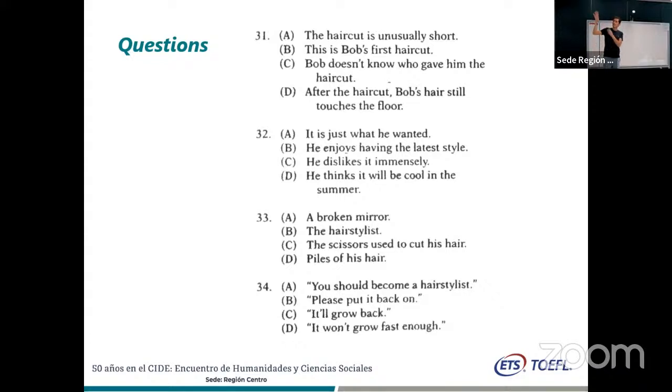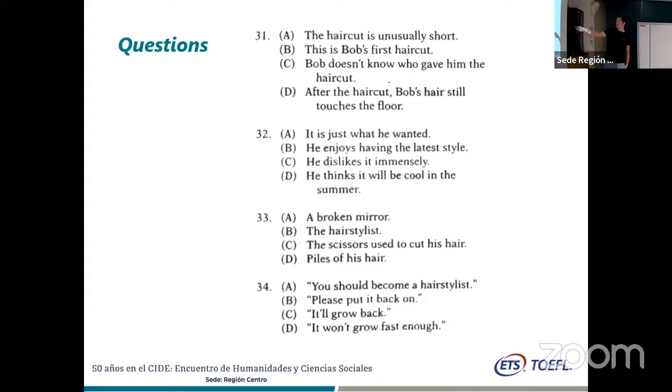And every question, by reading the question, for example, today we're not going to listen to this, but by reading the questions, you have an idea of what they are talking about. Okay? For example, here we have a haircut. And we have a name, Bob. So they're going to talk about Bob and the haircut. And then this one talks about having the latest style, like the result of the haircut.